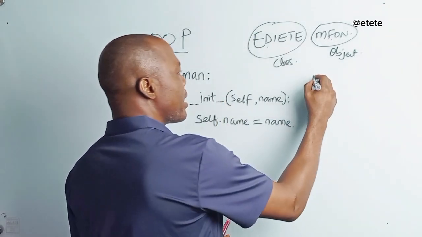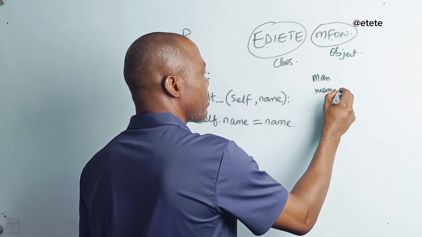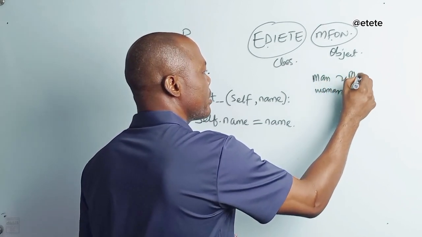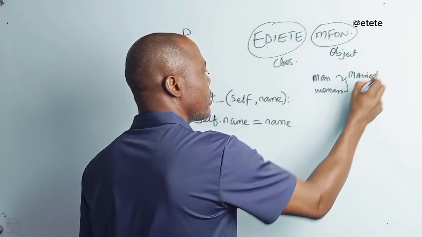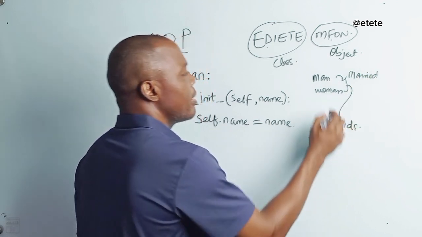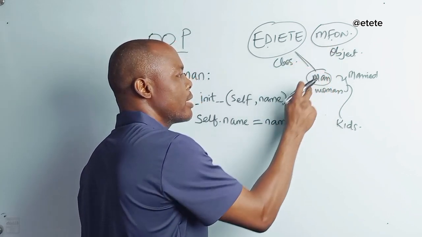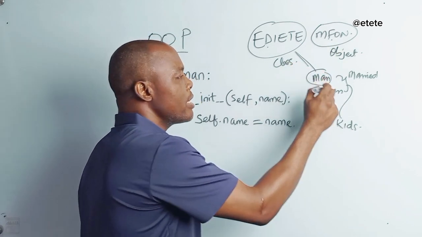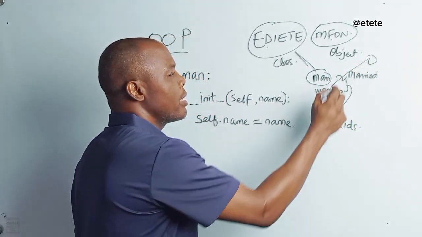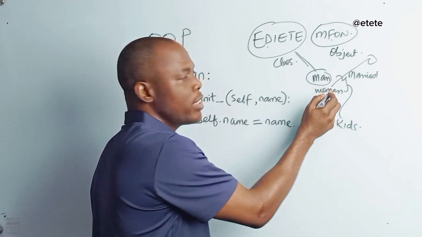So when a man and a woman get married, right? Then they have kids. This person is coming from one family, right? This person is coming from another family. This person has behaviors in the family where she's coming from.